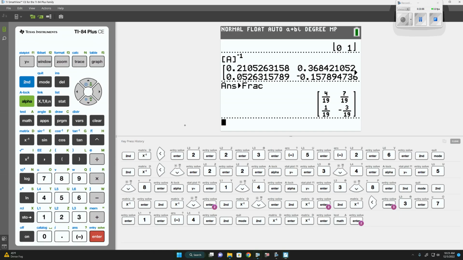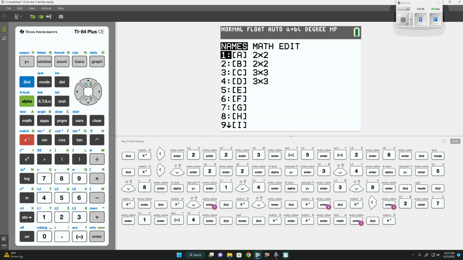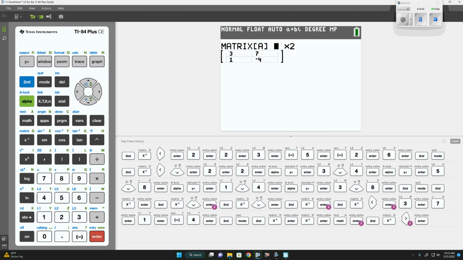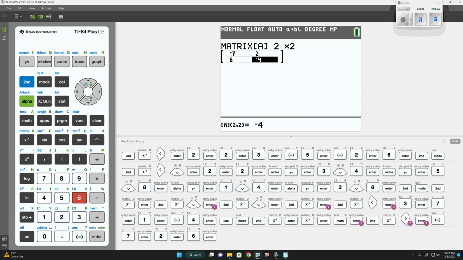But thanks to technology, the calculator can do this for us. So the first thing I'm going to need to do is put in matrix A. It is a 2-by-2, and our matrix is -7, 2, 6, 6.